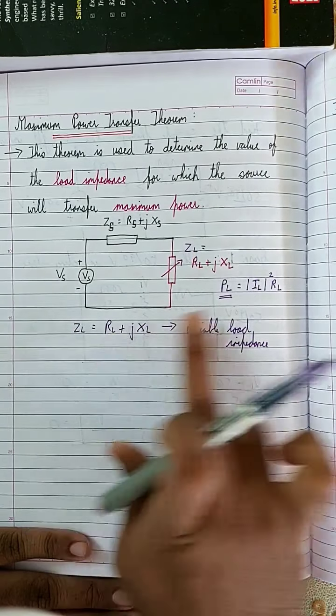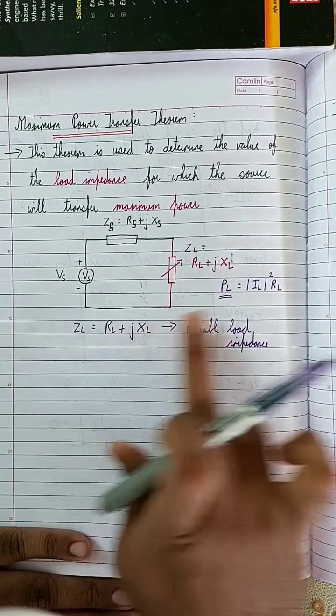The first case is case 1. And that is when the ZL is nothing but a variable resistor. When the load impedance is nothing but a variable resistor, then what is your maximum power transfer theorem? We need to find that. That is case 1.